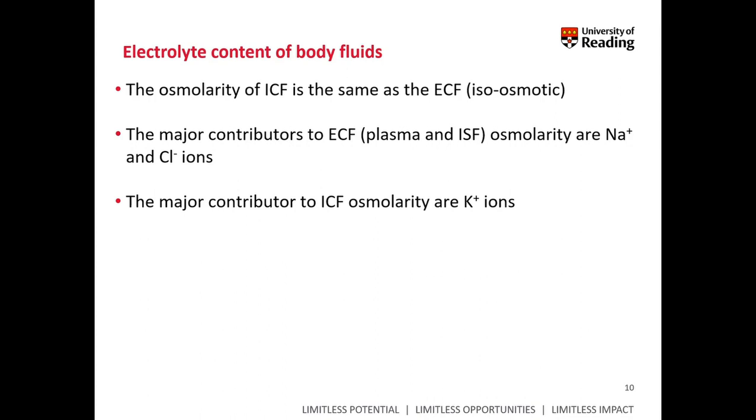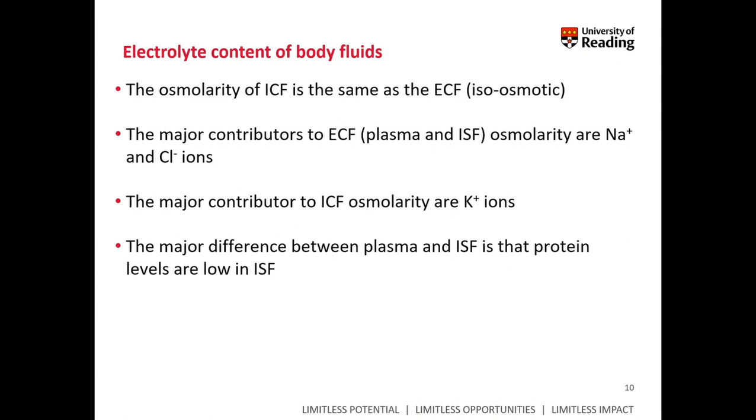While the major contributors to the intracellular fluid osmolarity are potassium ions and any counter ion that is a protein or a negatively charged amino acid. These ions have a concentration of about 140, 150 millimoles per liter.